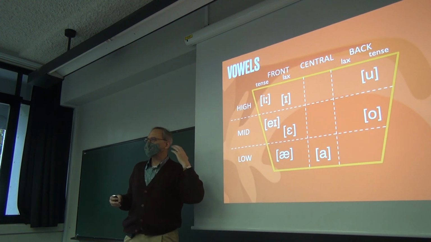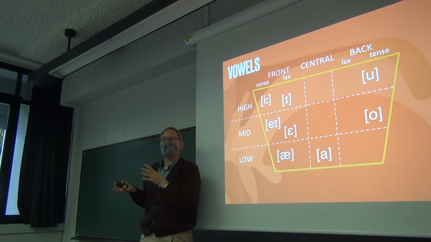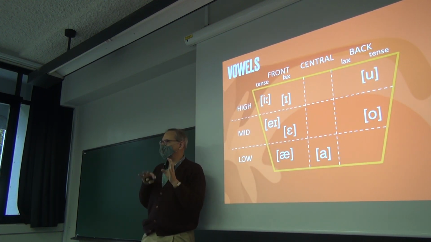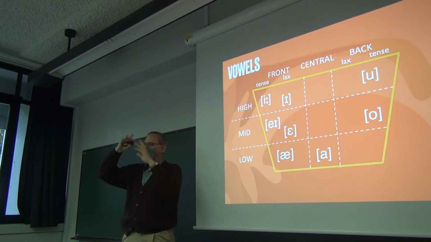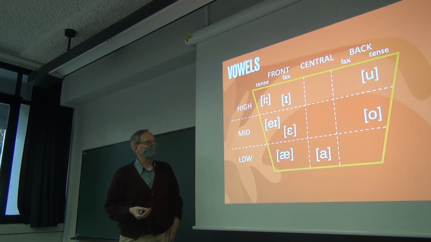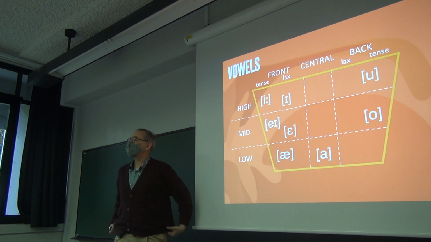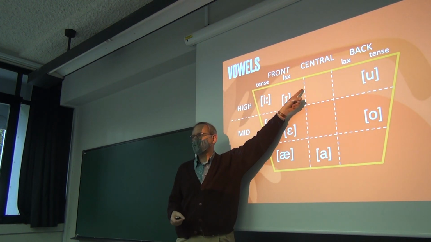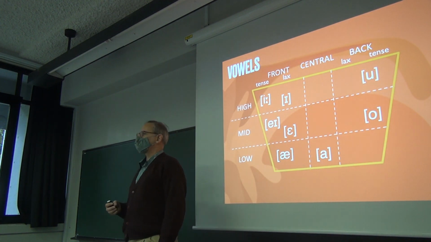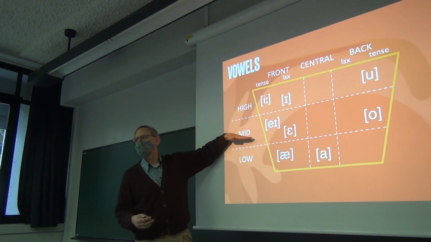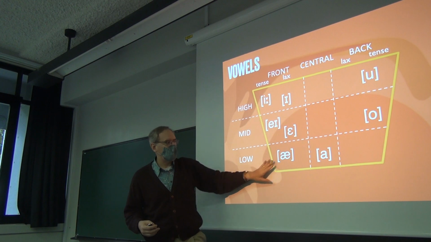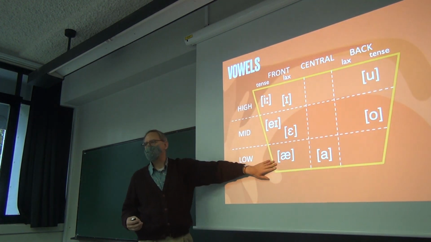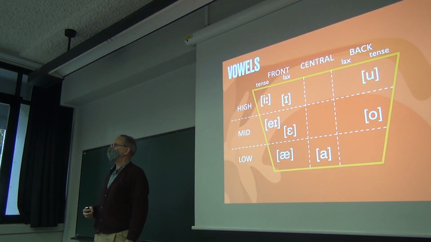So we have 5 vowels just among the front vowels. Languages like Spanish and Japanese and others have 5 vowels in total. English has 5 front vowels. The contrast between tense and lax only occurs among the high and mid vowels. There is no contrast in tenseness among the low vowels.